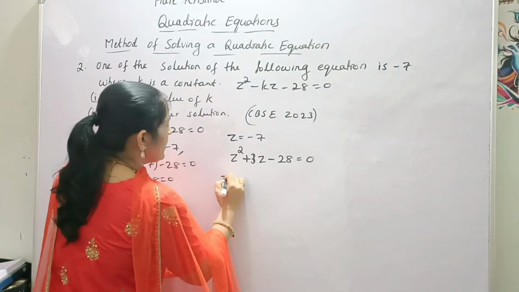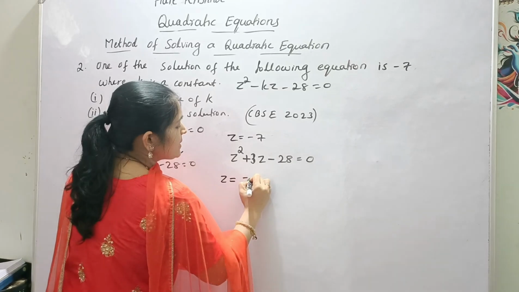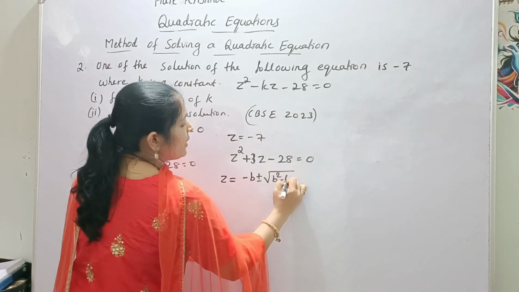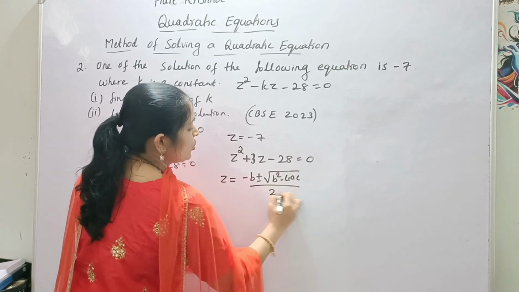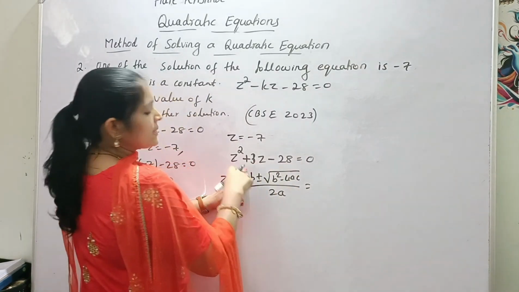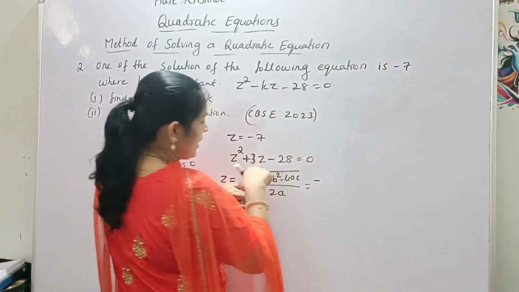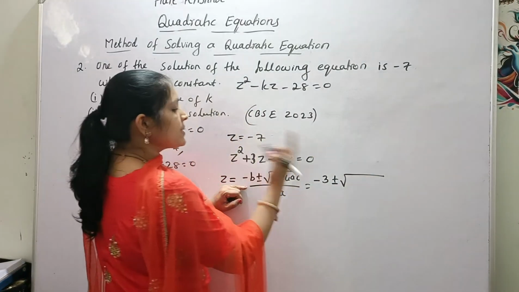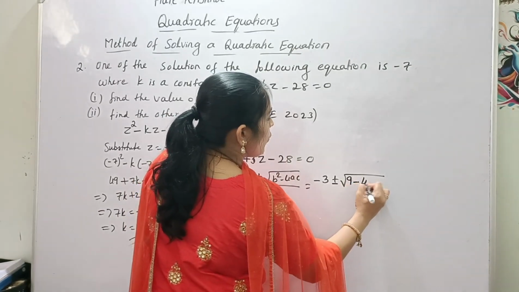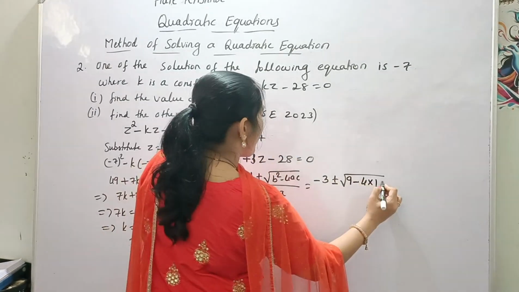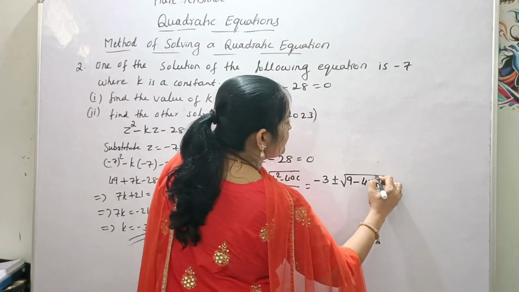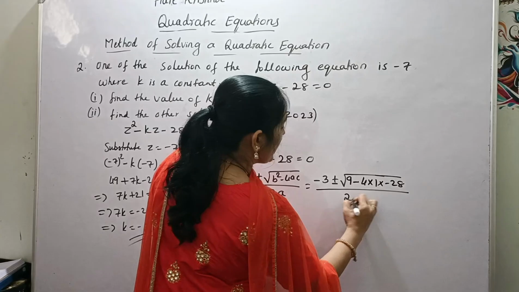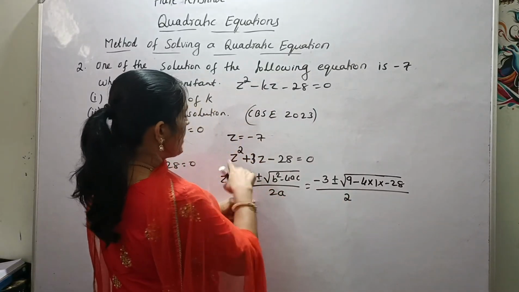So let's find z is equal to −b plus or minus root of b² − 4ac, divided by 2a. That is equal to −b, so −b is −3, plus or minus root of b², which is 9, minus 4 into a, which is 1, c is −28, divided by 2 into a. 2 into a is 2.